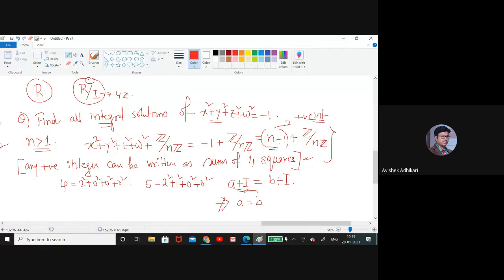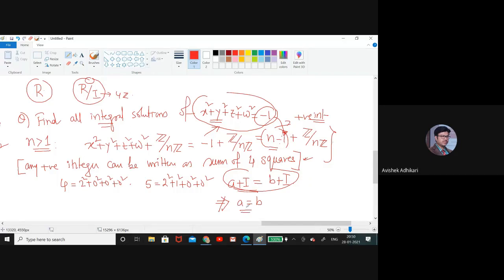If that implied a equals b, then I could directly say that this holds, because our original equation was this, where it was minus 1, but now in the case of a quotient I have converted minus 1 into n minus 1, and for n minus 1 there are solutions. So this relation is satisfied, but that does not mean that a equals b.